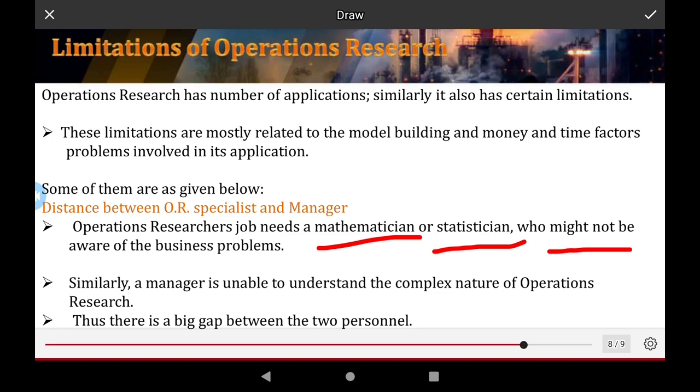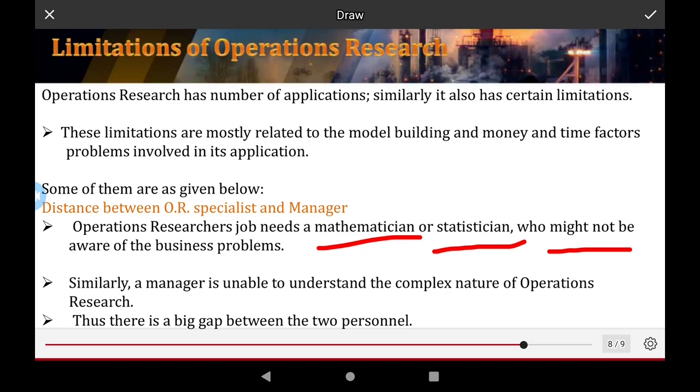Similarly, if the manager is unable to understand the complex nature of operation research, okay, there is a big gap between the two personnel, the two persons.